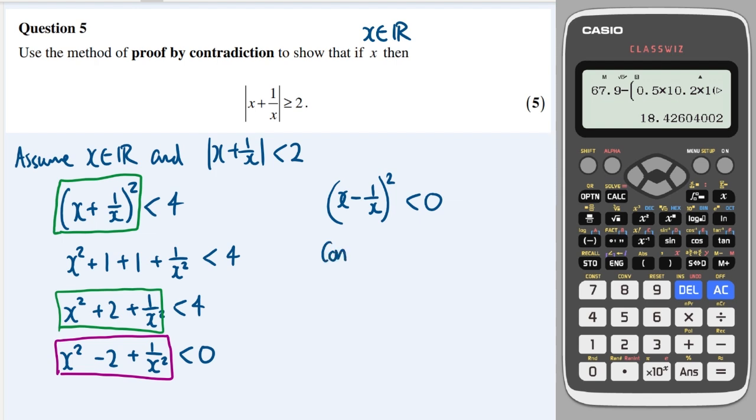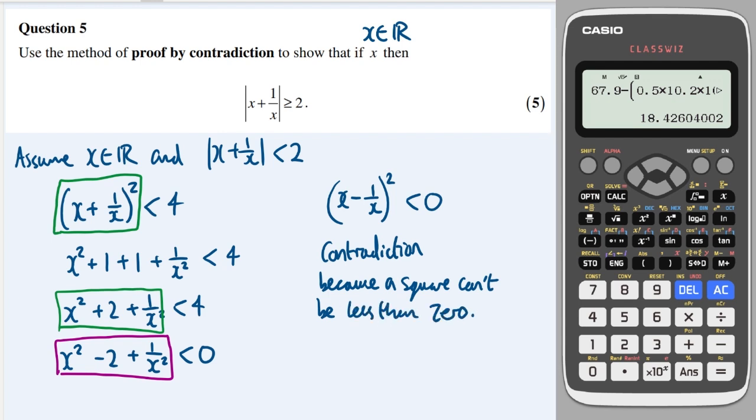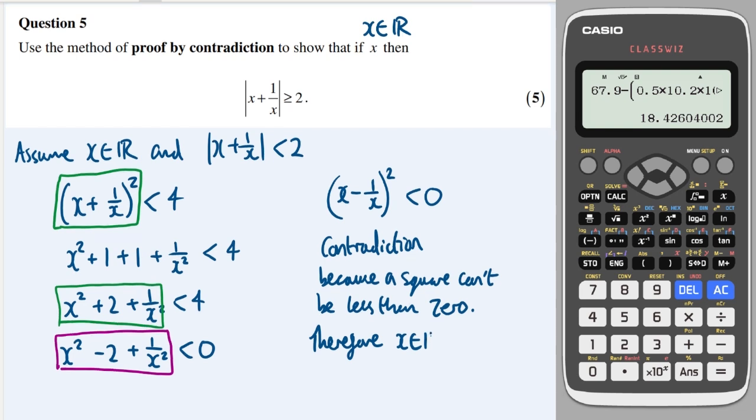And this is a contradiction, because a square can't be less than 0. And then you can write therefore, for all x in the reals, the modulus of x plus 1 over x is greater than or equal to 2.